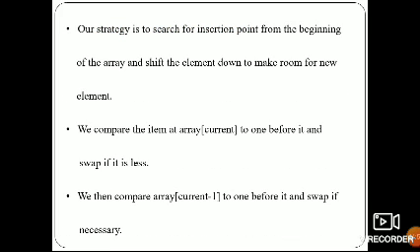Our strategy is to search for the insertion point from the beginning of the array and shift the elements down to make room for the new element. We compare the item at array[current] with array[current minus 1] before it, and swap if it is less. If necessary we swap, otherwise there is no need for swapping.